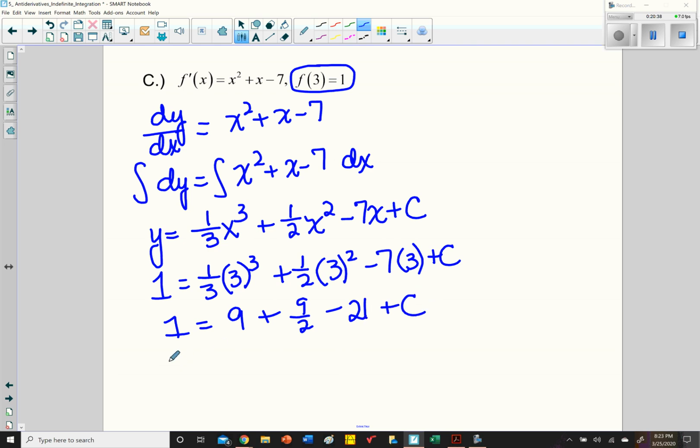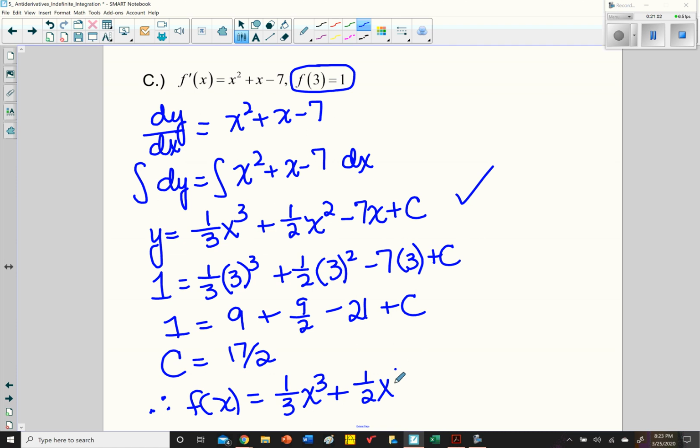And if my arithmetic is right, my C value is 17 over 2, or 8.5. Therefore, our particular solution, f of x, is 1/3 x cubed, remember, I'm taking it from this general solution, plus 1/2 x squared minus 7x plus 8.5, or 17 over 2. So putting this general solution with our constant gives me my particular solution.